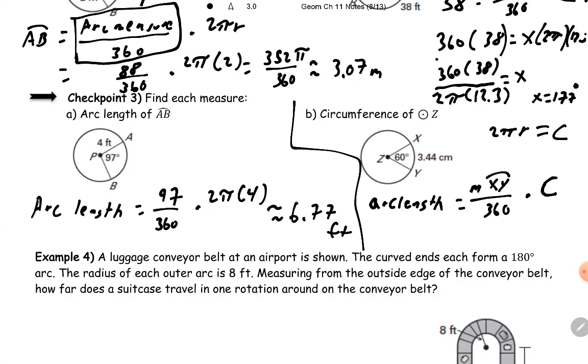So I'm going to put in what we know. 3.44 equals 60 over 360 times C. Okay, and then we solve for C. You multiply both sides by 360, then divide by 60, and you'll get 20.64 meters for the circumference.